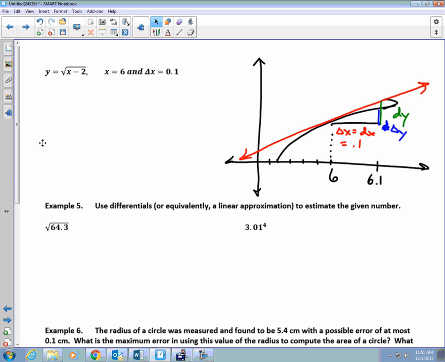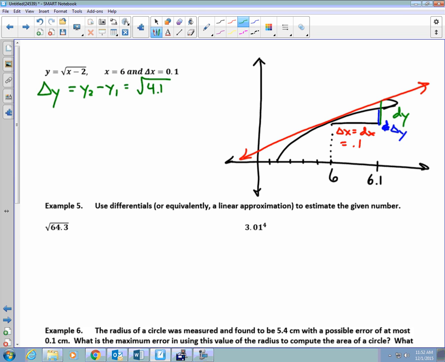So let's calculate delta y. How do you calculate delta y? Y sub 2 minus y sub 1. How do I get my second y value? 6.1 minus 2 is 4.1.